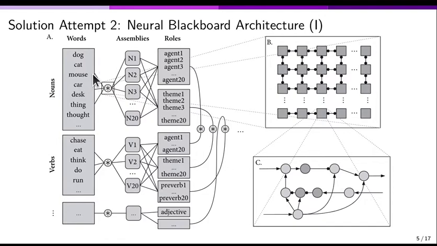So basically what you could do with this approach is they would have groups of neurons for all the basic nouns, and maybe groups of neurons for all the basic verbs, and other groups of neurons for all the basic adjectives and adverbs and whatnot.